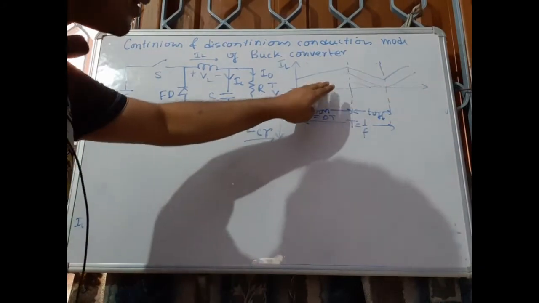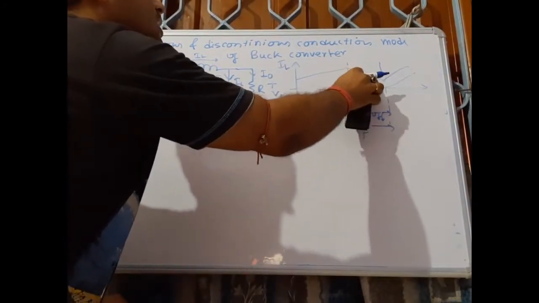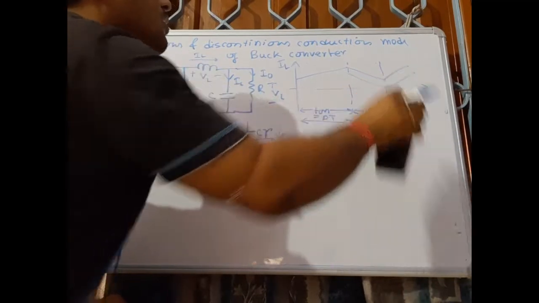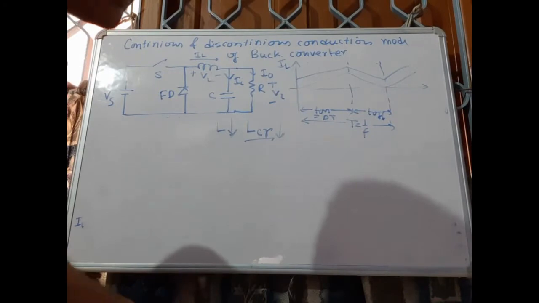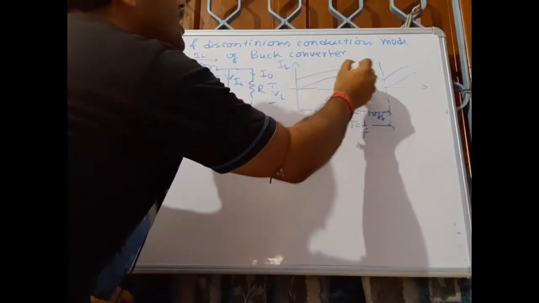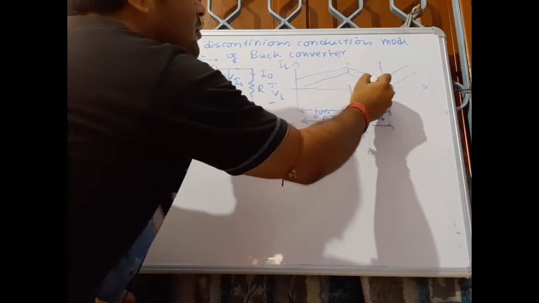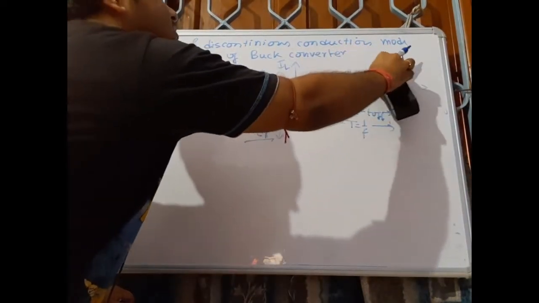So the value of the inductor just before discontinuous conduction mode is called the critical inductor. Now we have to obtain the value of critical inductor. We can erase this part.